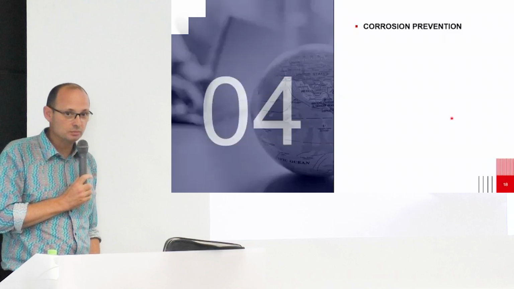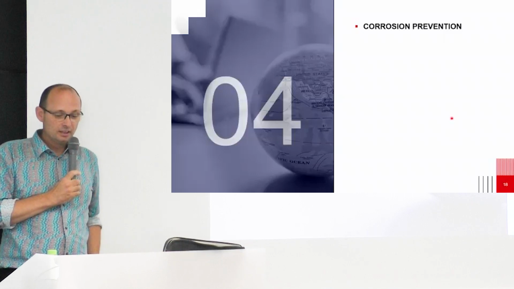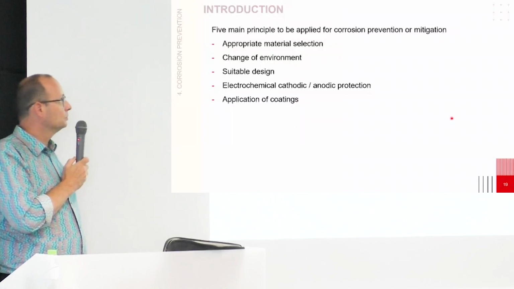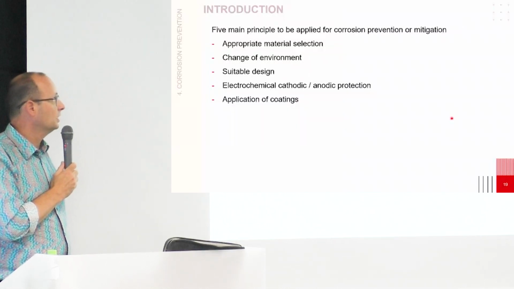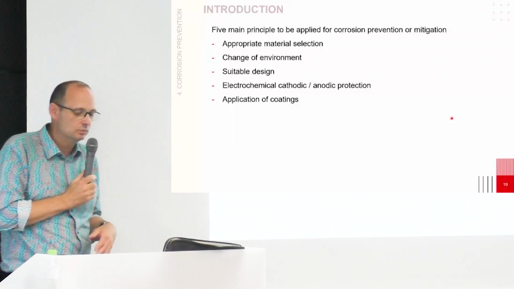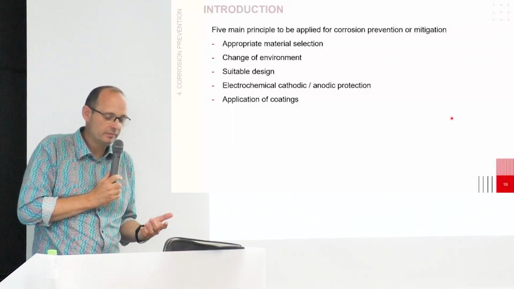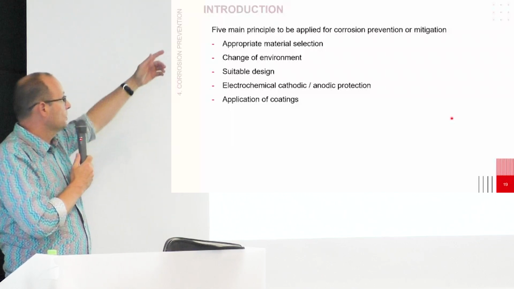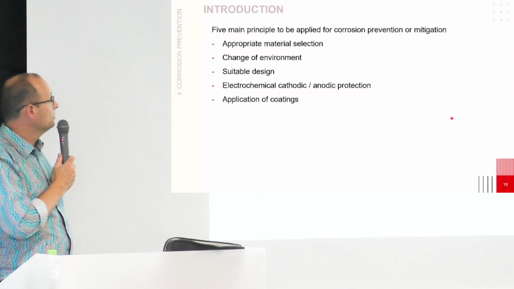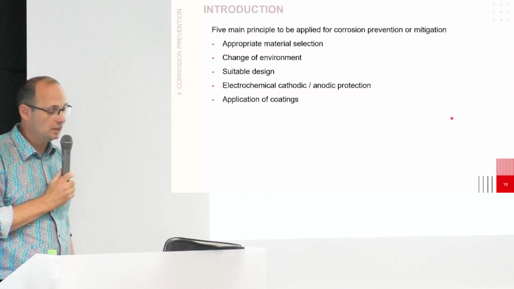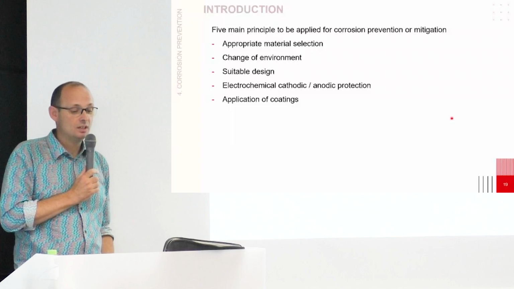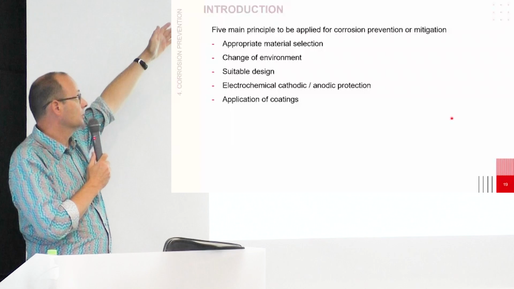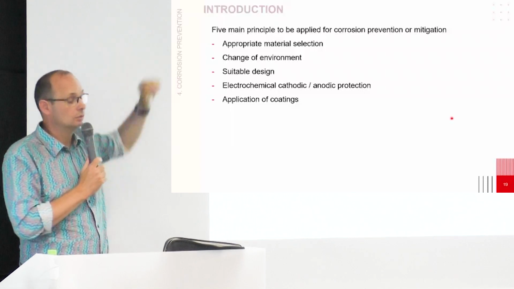Sometimes we can try to mitigate corrosion. And actually, why would we like to prevent materials from corrosion, or mitigate corrosion? So the first question is, sometimes corrosion happens because an inappropriate material has been chosen. That means that if corrosion happens, did we select the right material in the right environment?